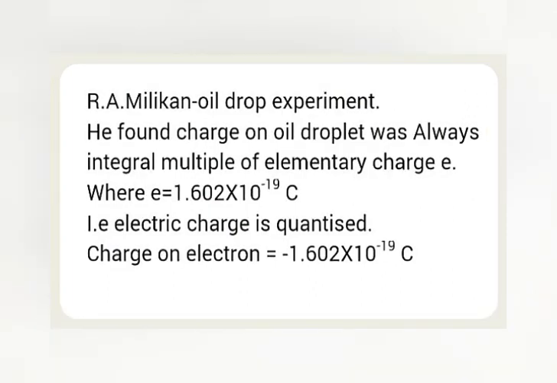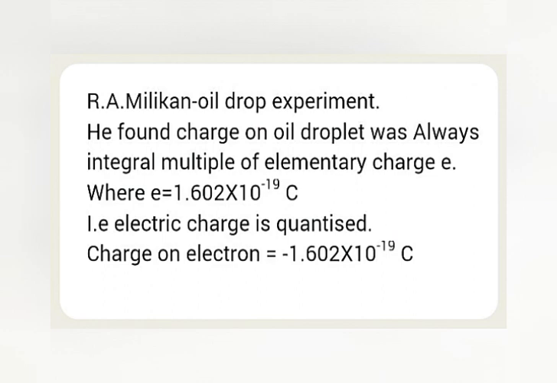This experiment established two factors. First one is electric charge is quantized, means the charge on any body can be written as Q = ±ne, where e is the elementary charge and n is an integer.